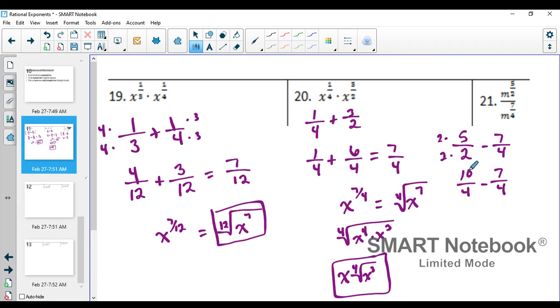So we have 10/4. So 10 minus 7 is 3. So we have m to the 3/4, which in radical form, we have the 4th root of m cubed. I'm going to run out of space. And that is our final answer.